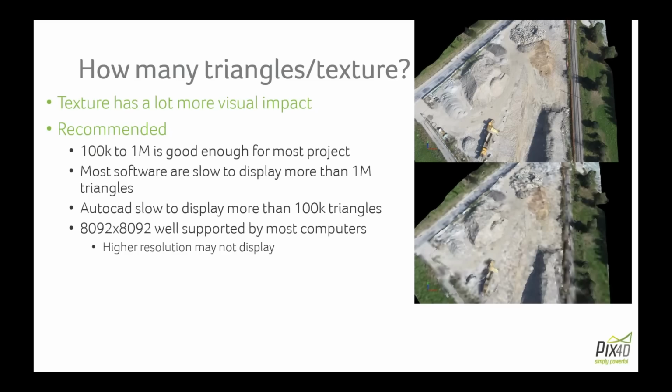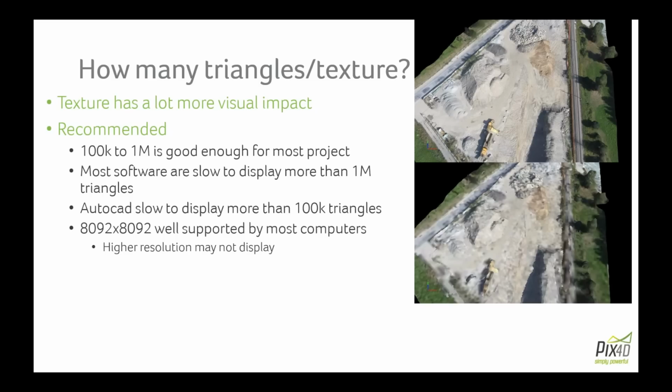So this explains why we don't put a higher texture by default in the project. And 8,000 by 8,000 looks good enough for most of the projects. So you may want to put it higher, but you also need to know that depending on your system, on your graphics card memory, and on the software that you use to render this 3D mesh, you may not be able to see the texture because it's too large for the project to handle.